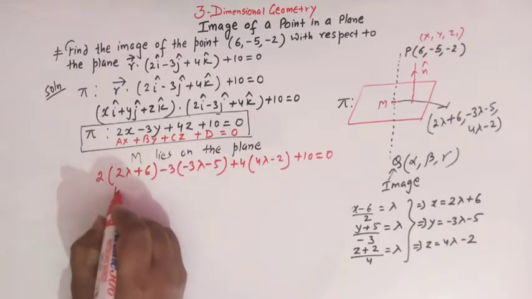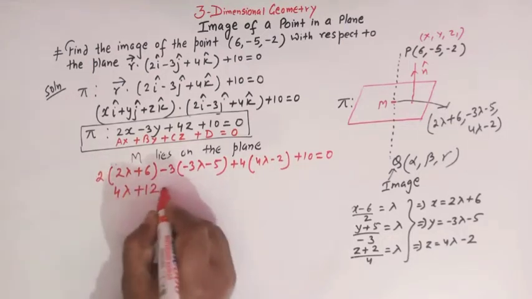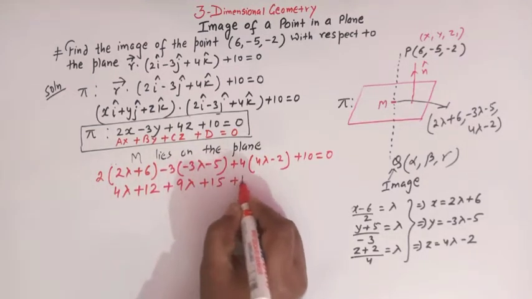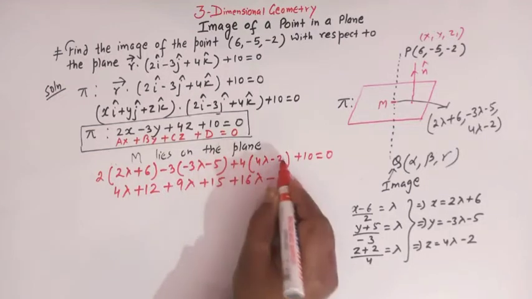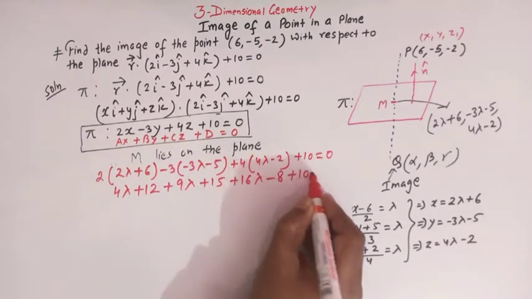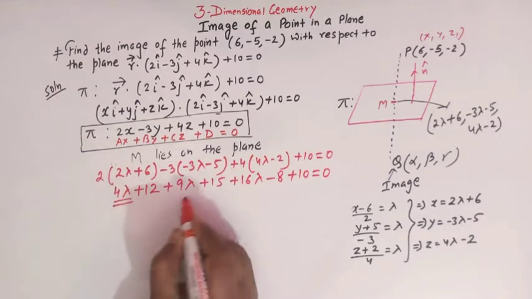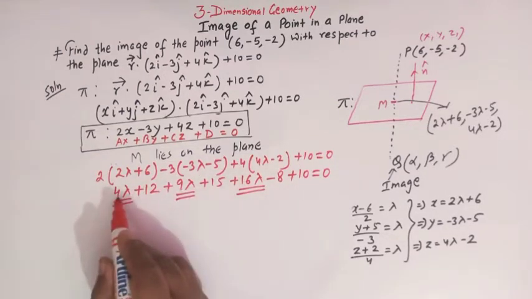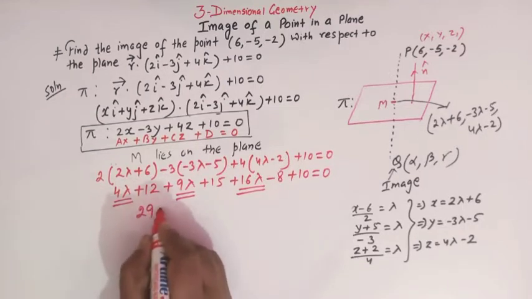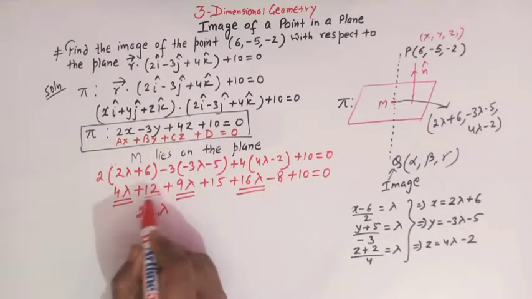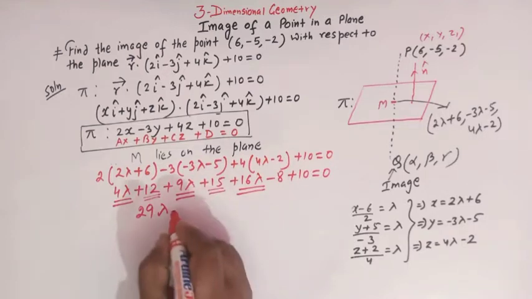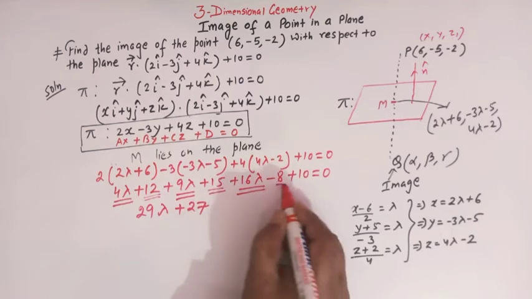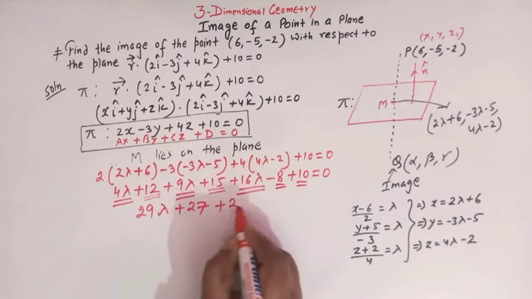Right, so we have 4λ + 12, here we have 9λ + 15, then we have 16λ - 8 + 10 is equal to 0. 4λ, 9λ and 16λ, so this is 25 plus 4, 29λ, and 12 plus 15 is 27, and 10 minus 8 is 2.